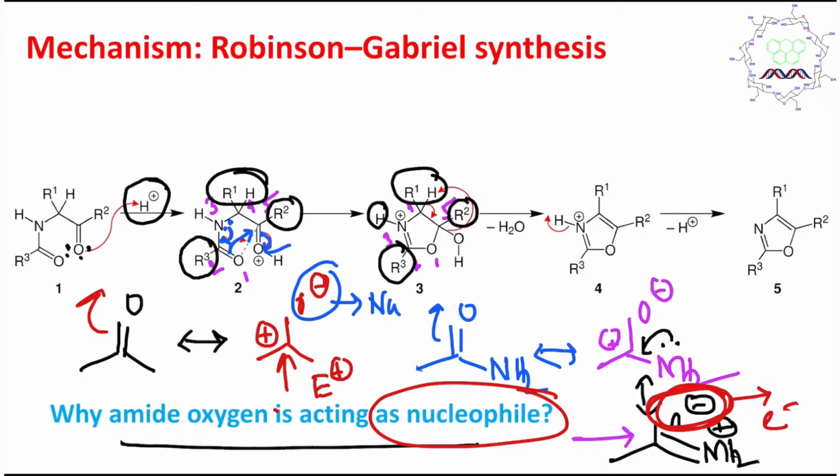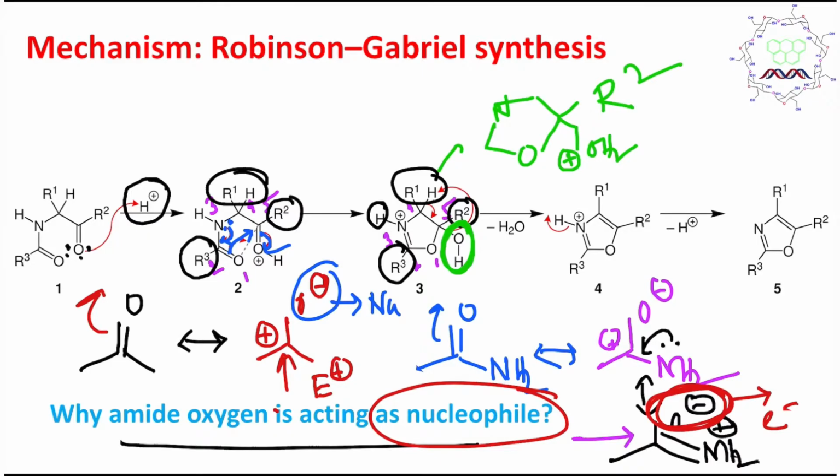So in this case what happens? First see, there is OH and the medium is acidic. So what you can expect is that this OH could be protonated to OH2. After protonation it becomes a good leaving group.